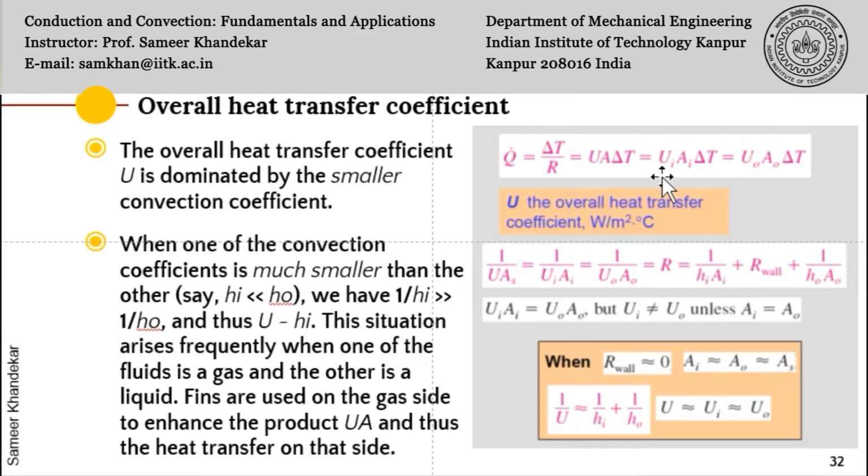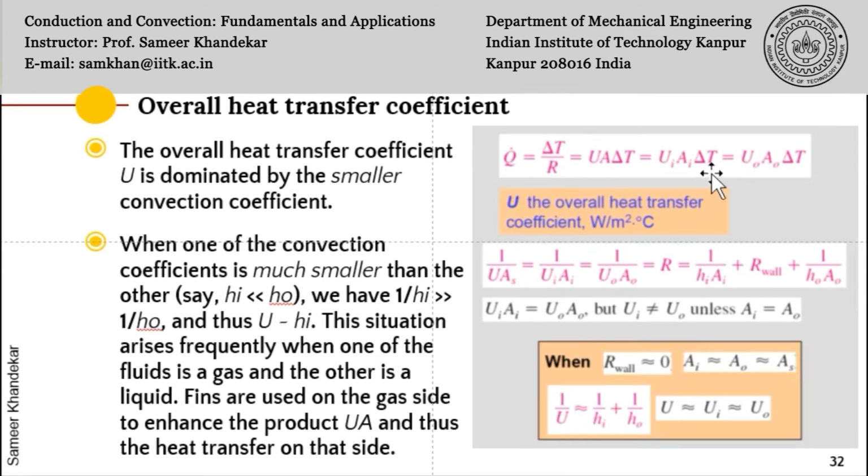And naturally this will be equal to either Ui Ai delta T or Uo Ao delta T, because Q is a constant, it is a steady state heat transfer. So what goes from inside must come outside. Outside, of course, the area is larger, but accordingly the Uo will become smaller, and therefore you will see that this equality will also hold.